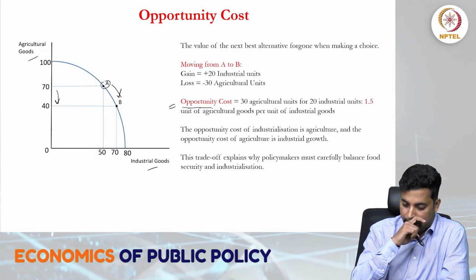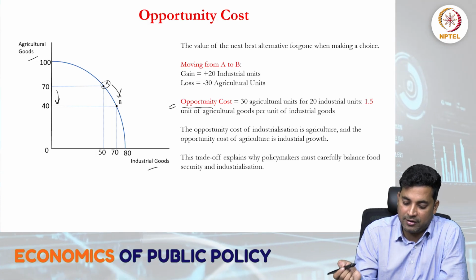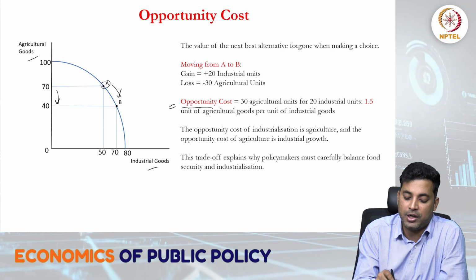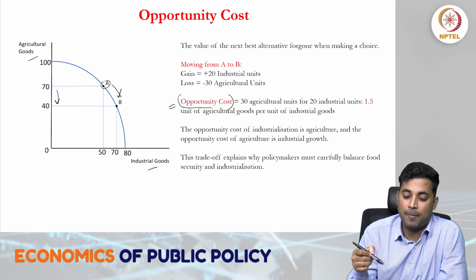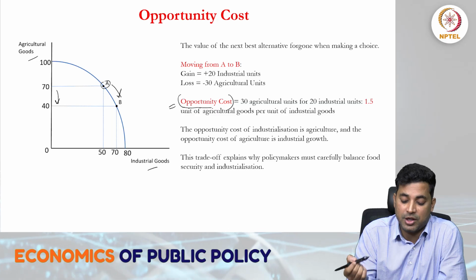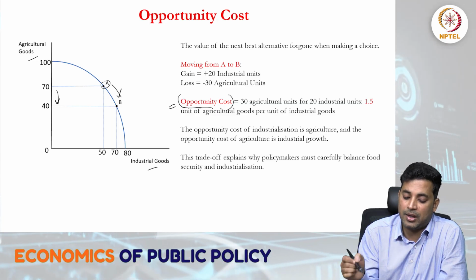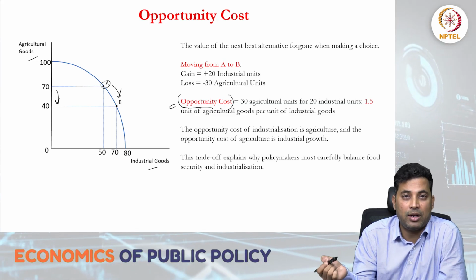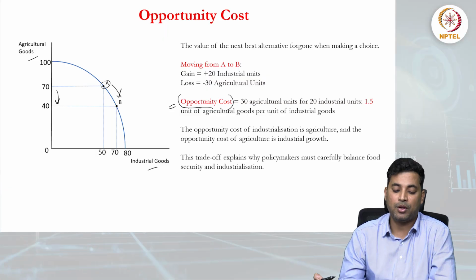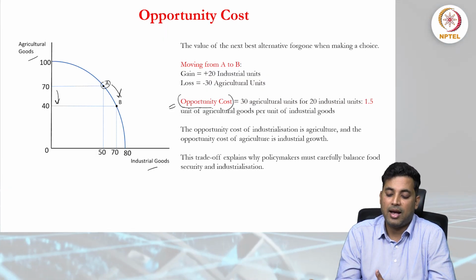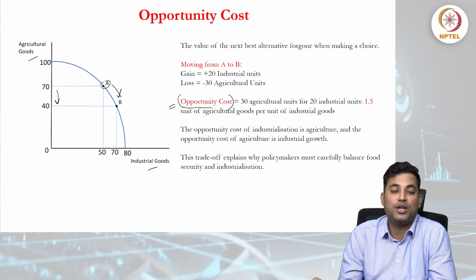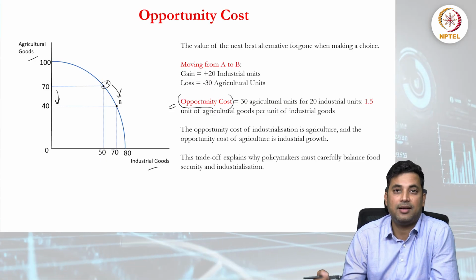So generally, opportunity cost is a very important point of the discussion about the trade-off, and therefore at the macro level, at the policy level, the opportunity cost of industrialization is agriculture, and the opportunity cost of agriculture is industrial growth.